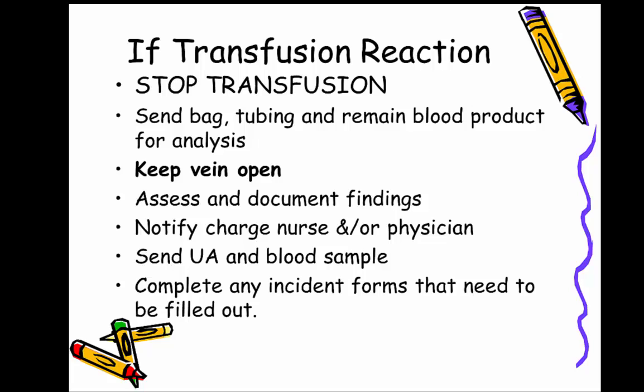We will keep that vein open. We will assess for and document any findings. We will notify the charge nurse and or physician. We may also send a UA, and the patient may be drawn for blood to be retyped. And we will complete any incident forms that are needed according to policy.